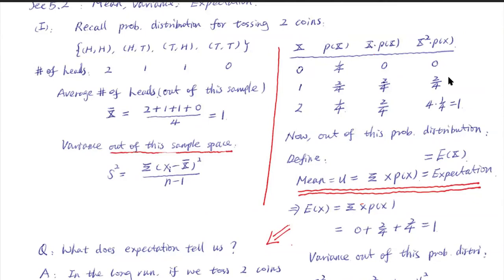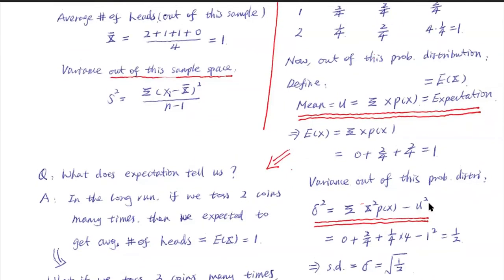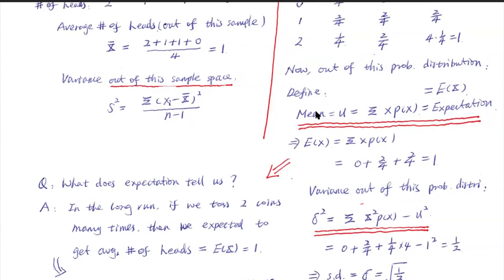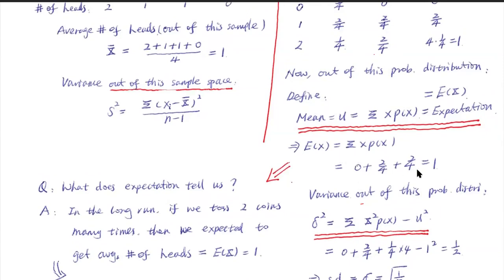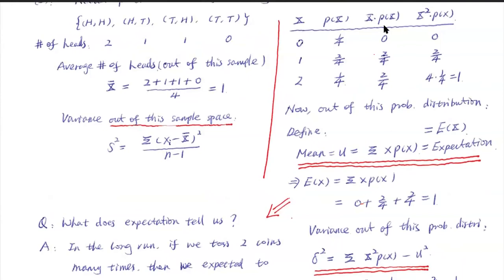Professor? Yeah. Where do we get the mu from? What is mu? It's the mean. That's right. How do we get the mean? Do we get the mean from originally only x? We get the mean from the third column here. Oh, okay.